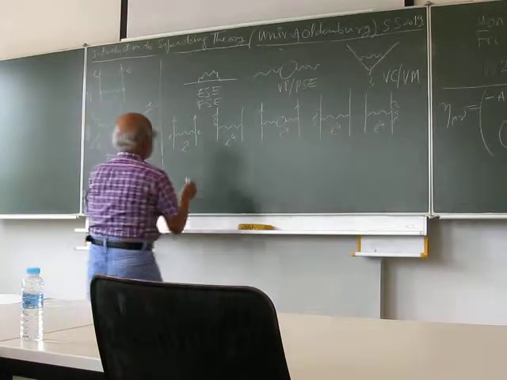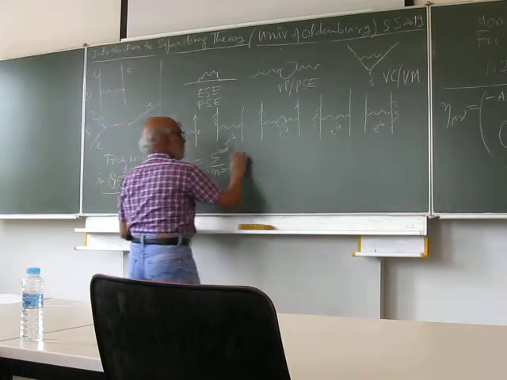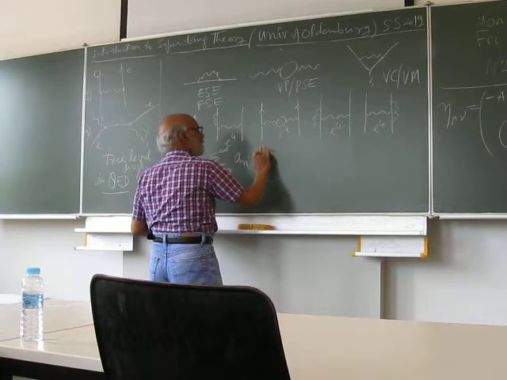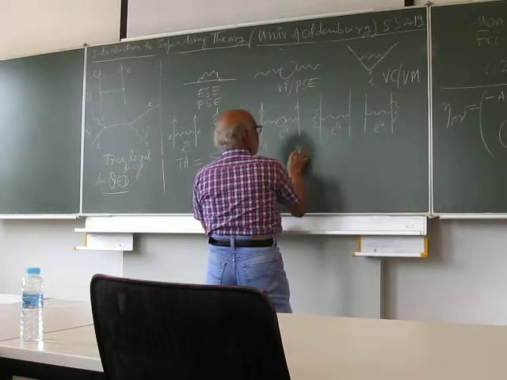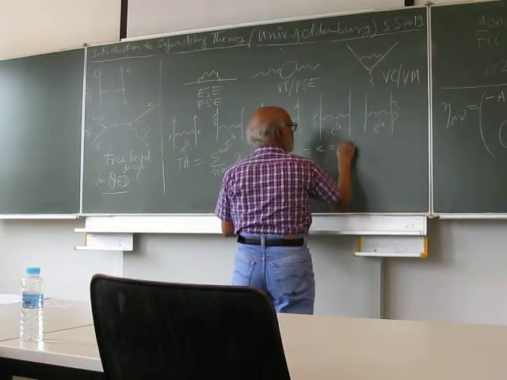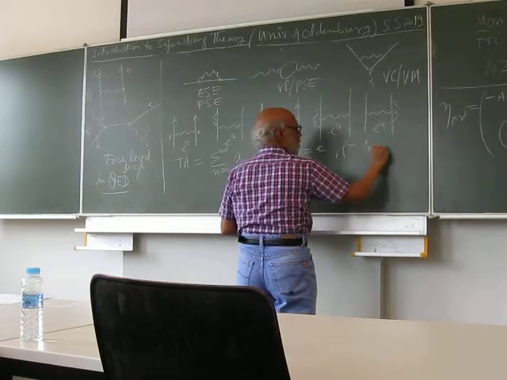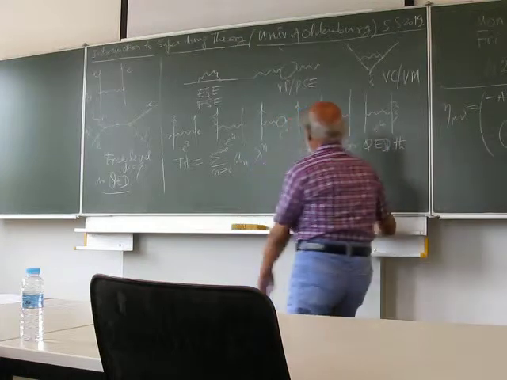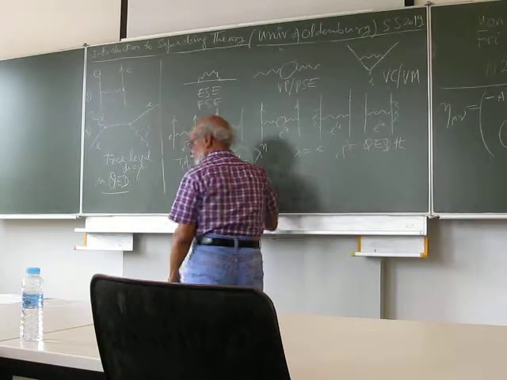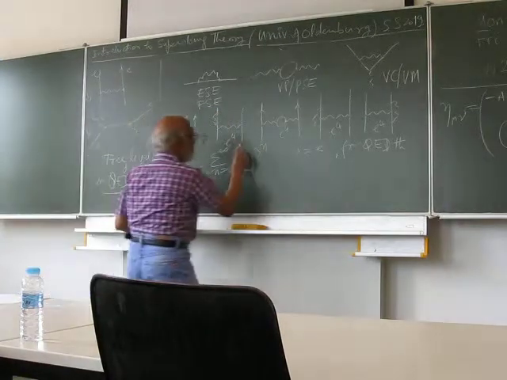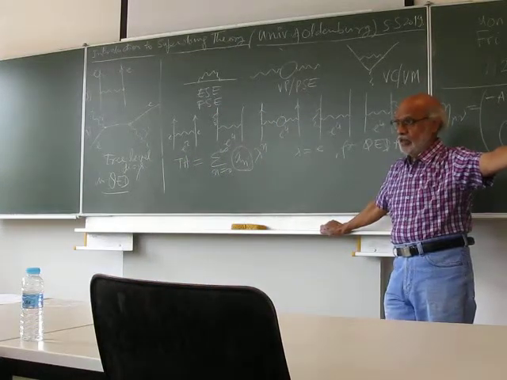What you do is the transition amplitude of a theory is the summation over n to infinity of a_n lambda to the n. Lambda is the coupling coefficient, which for QED theory is equal to e, the electronic charge. Here this a_n is determined by all the possible Feynman diagrams for a particular process.